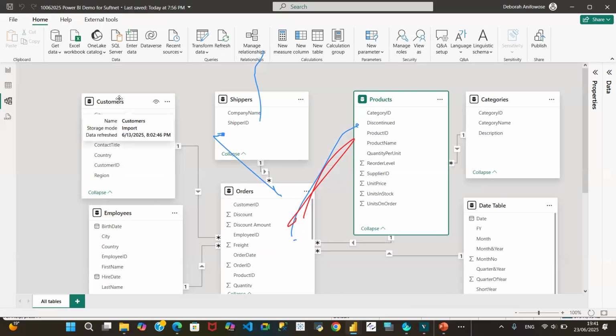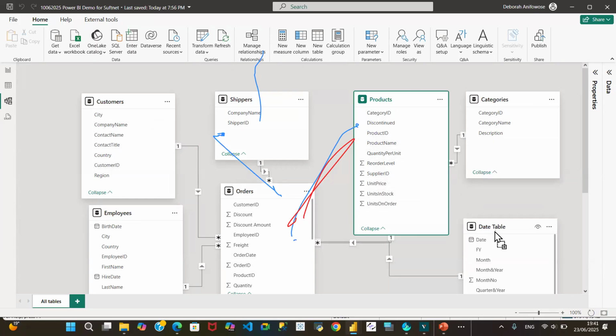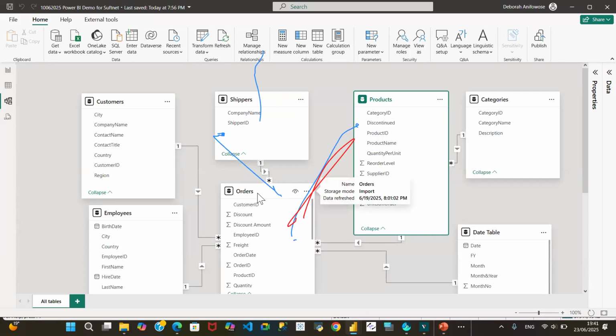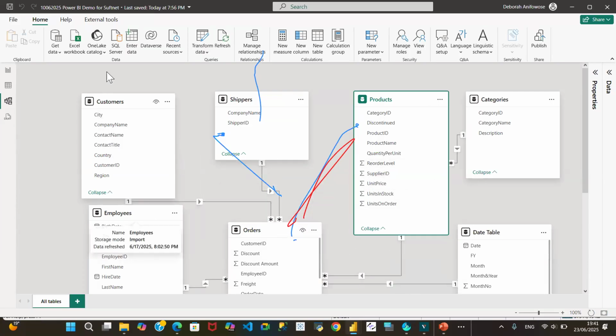But the foundational knowledge is understanding the data and identifying where each of the tables belongs, and then we will be able to proceed from there. When that is properly done, we can then talk about the different types of relationships and the different types of schema that we can use in modeling the data.